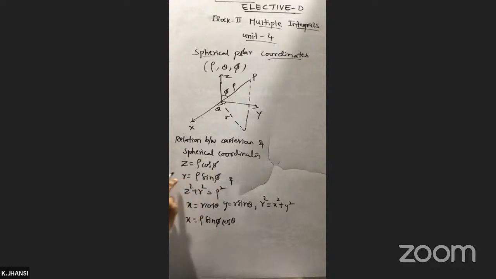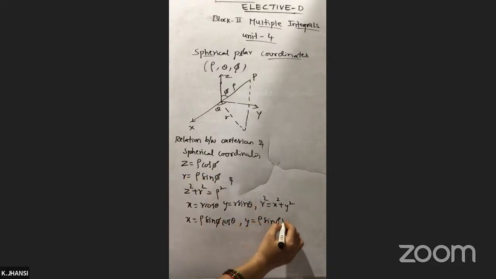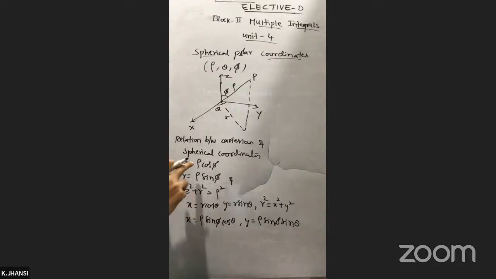What is r? r equals rho sin phi, so you are substituting rho sin phi here. And if you substitute in y equals r sin theta, with r as rho sin phi, you get y equals rho sin phi sin theta. And what is z? z equals rho cos phi.